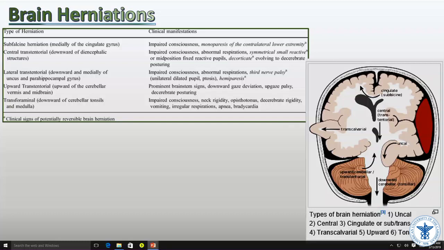In a central herniation, you will not typically see the pupils dilate ipsilateral and then contralateral and then both pupils, and you won't get that typical sequence of events. It's going to be quite rapid, and you get both pupils suddenly dilating. And you won't get much time with that. So central herniation, in a way, has a worse prognosis than uncal herniation.